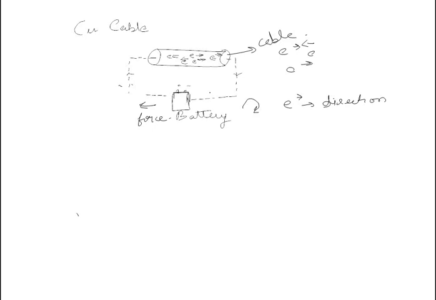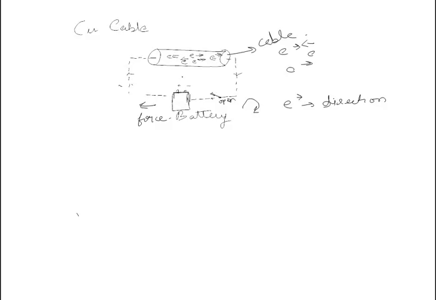So now this circuit is closed. But if this circuit is open, what will happen? If this circuit is open, there will be no electron flow, because the electrons will flow only in a closed circuit.